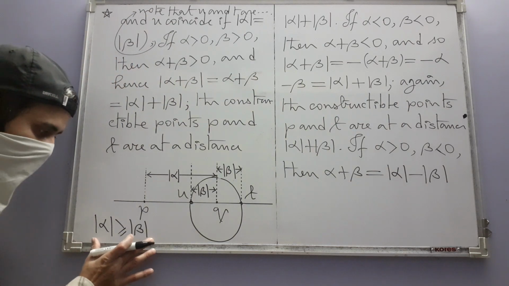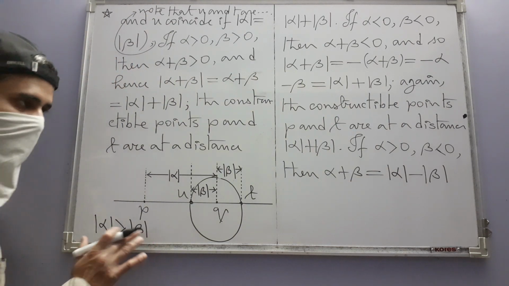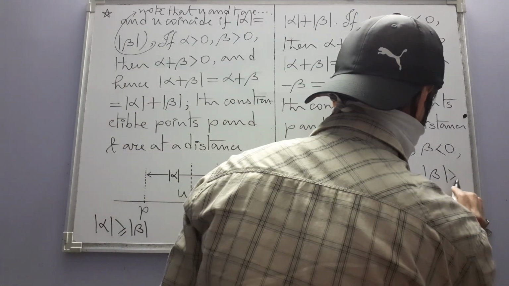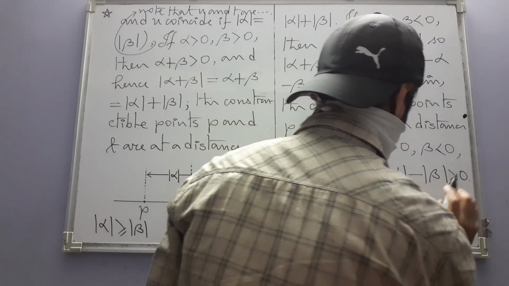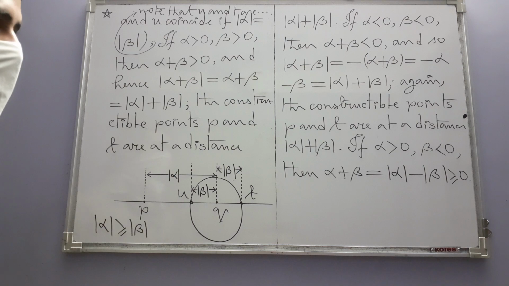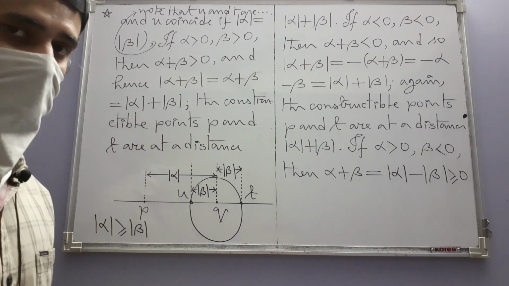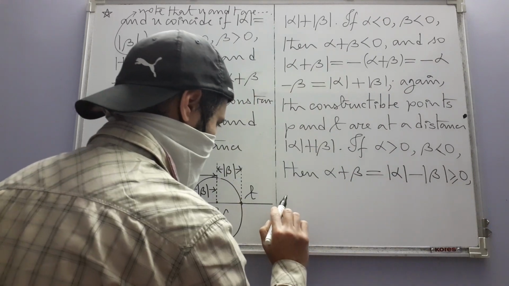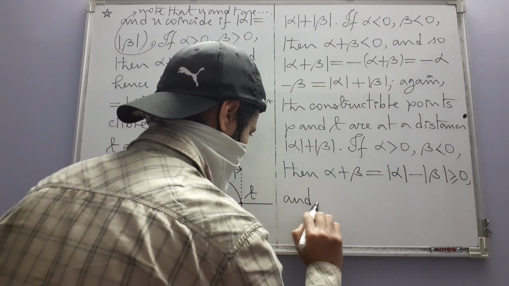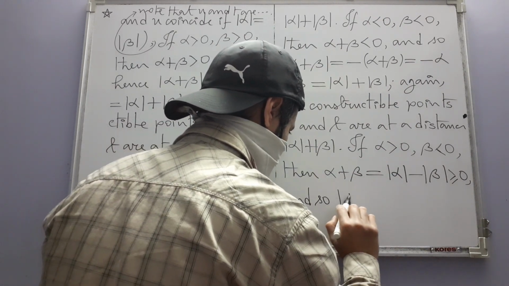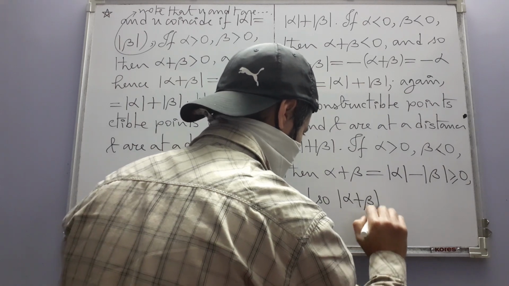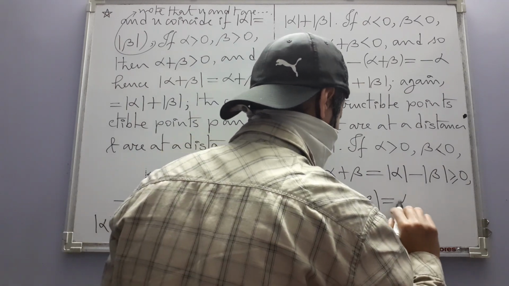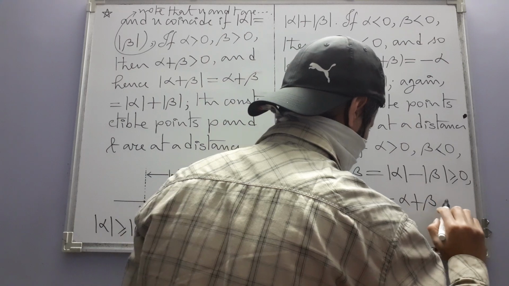But due to our inequality, this is greater than or equal to 0. So in this case also alpha plus beta is non-negative, and so its own absolute value is just simply alpha plus beta.